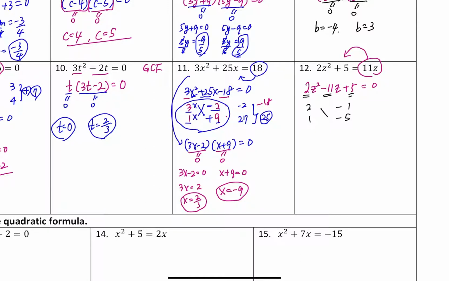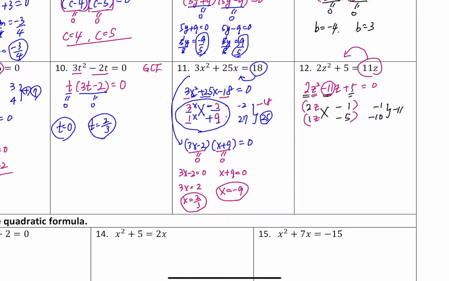And then you do cross multiply. 2 times negative 5, negative 10. 1 times negative 1, negative 1. Their sum is negative 11, which is same as middle coefficient. So this is right combination. There are 2 z's, so you place 1 z here, second z here. All right.